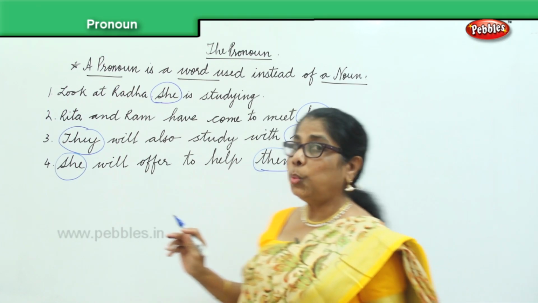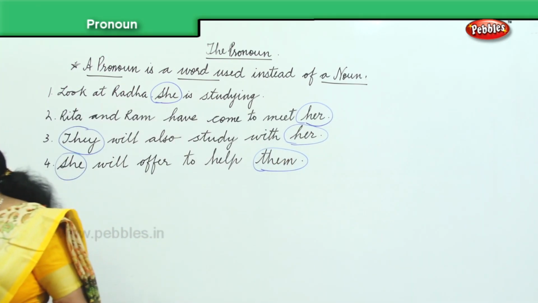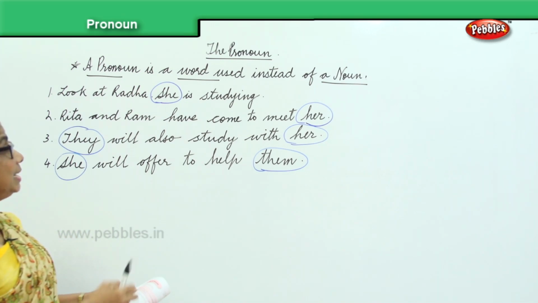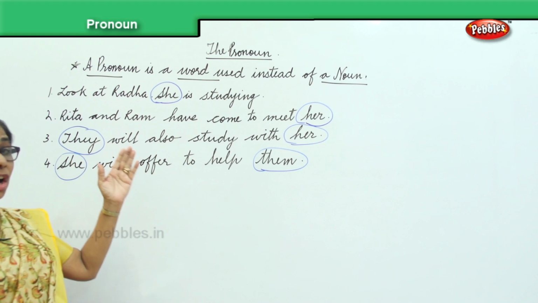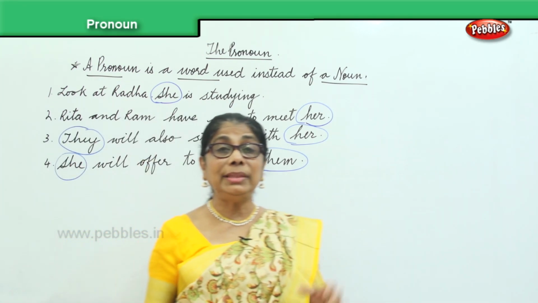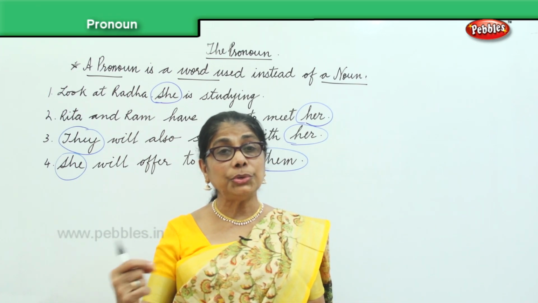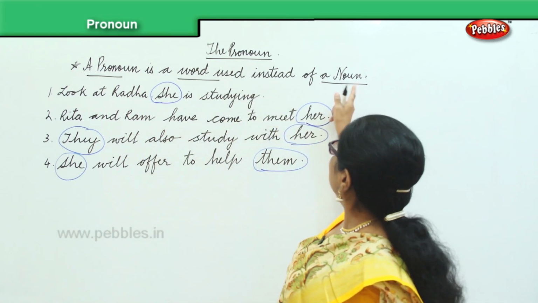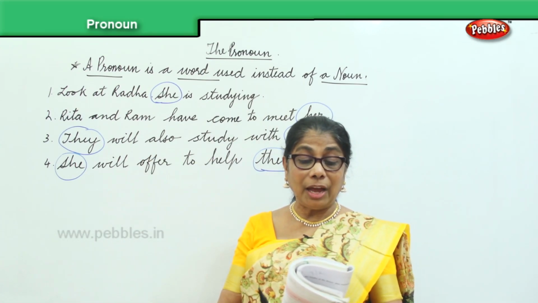Now, look at the words that I have circled. She, her, they, her, she, them. All these are pronouns. What are pronouns? Words used instead of a noun. We have used words instead of a noun.